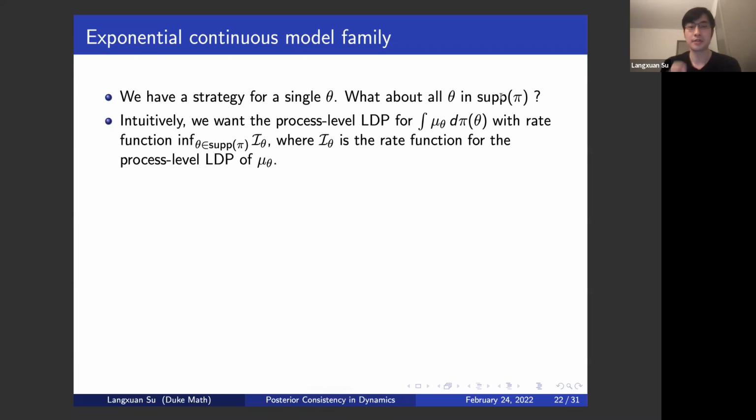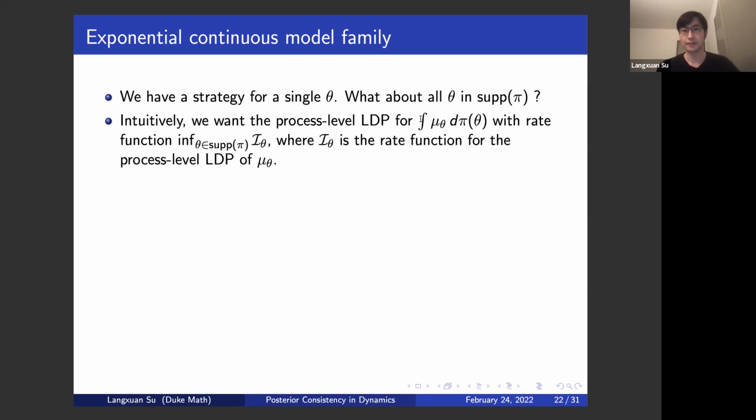Let me intuitively say how to do this. Recall that for a single parameter, we want the large deviation principle to hold for the empirical measure of x and also y, right?